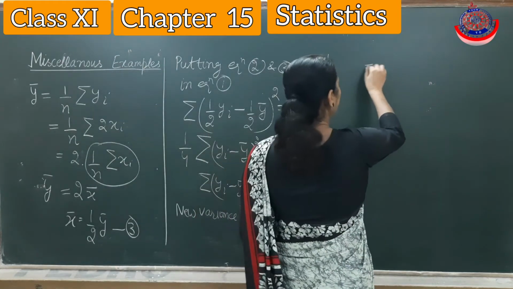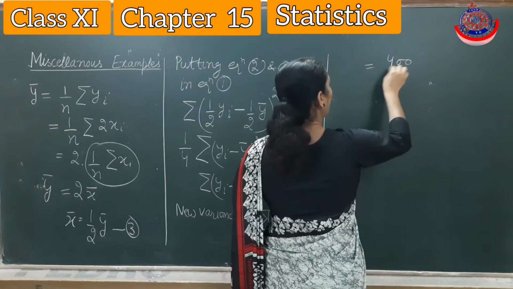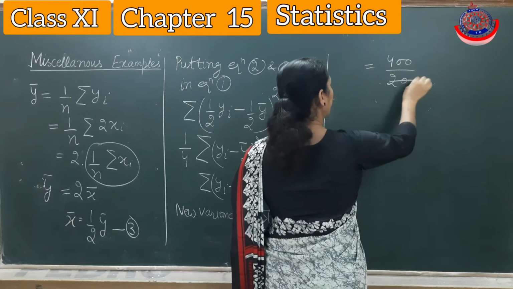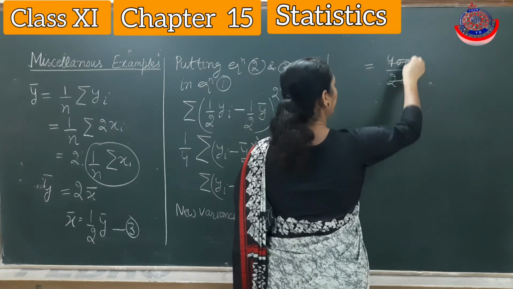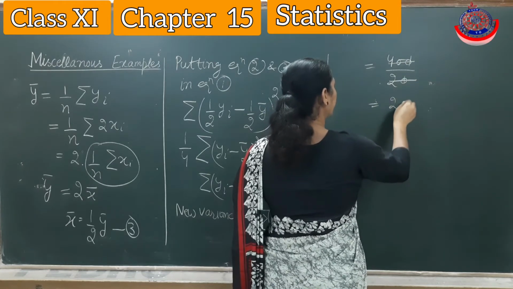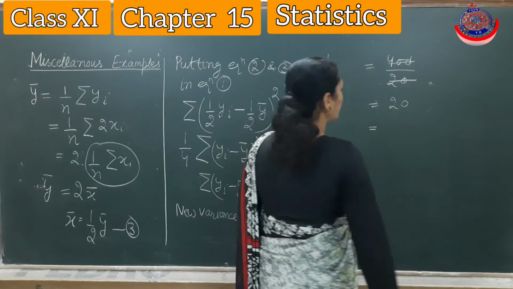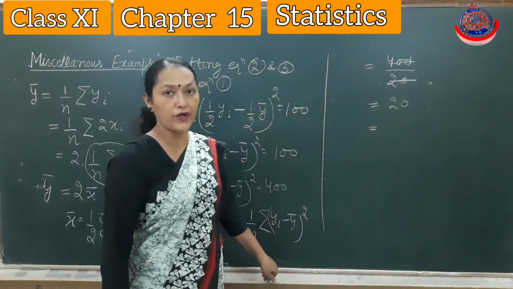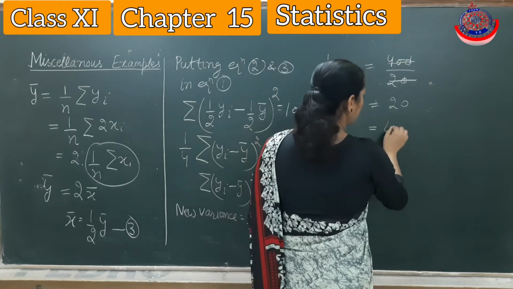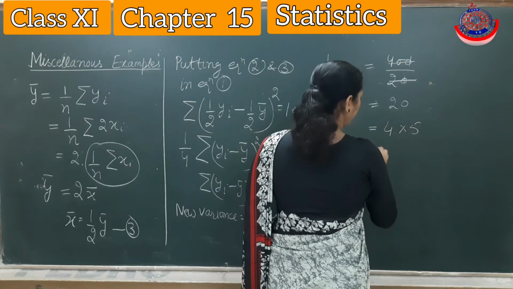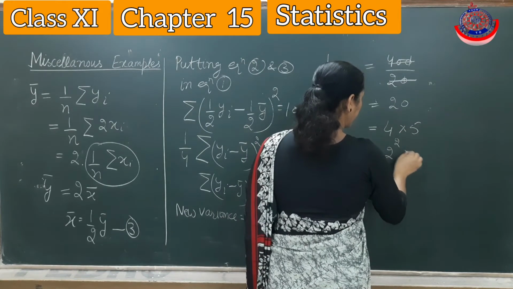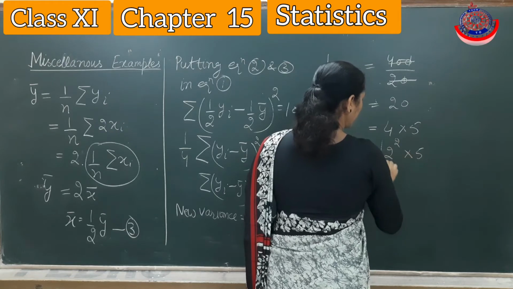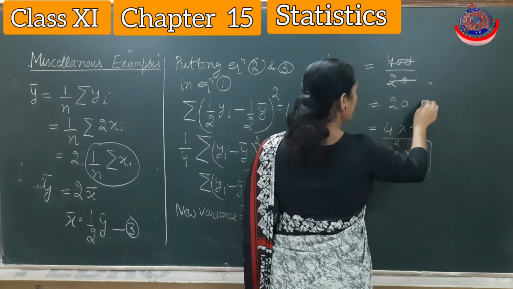So we get 400 upon 20. After cutting we get 20. 20 can be written as 4 into 5, and 4 means 2 square into 5. So this is the answer, 20 is the answer.